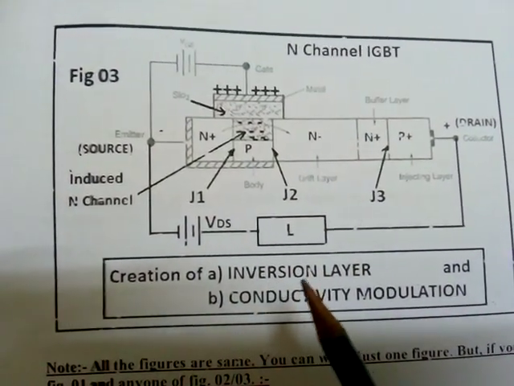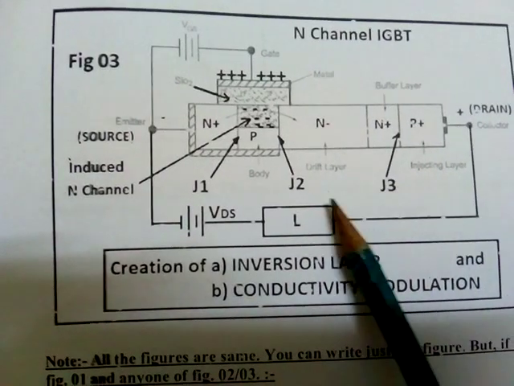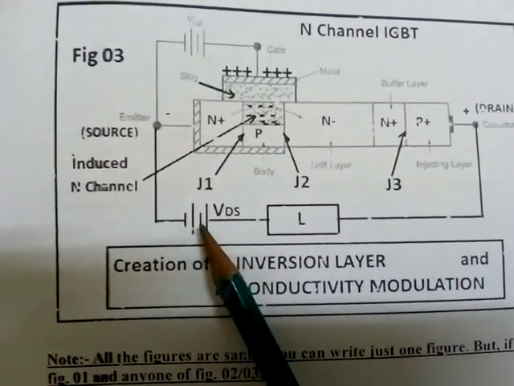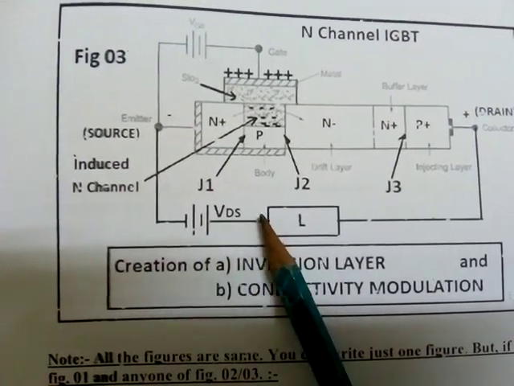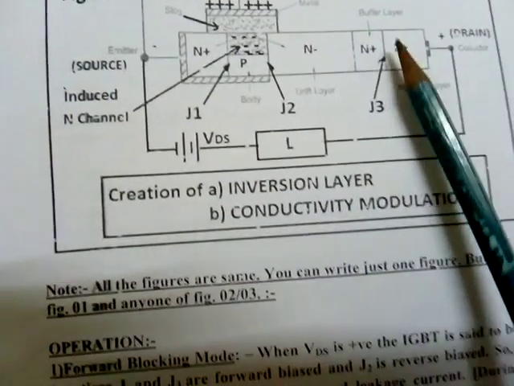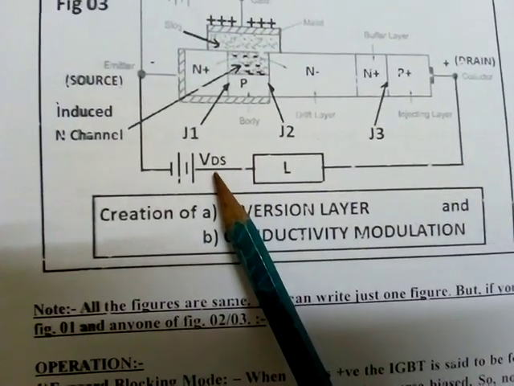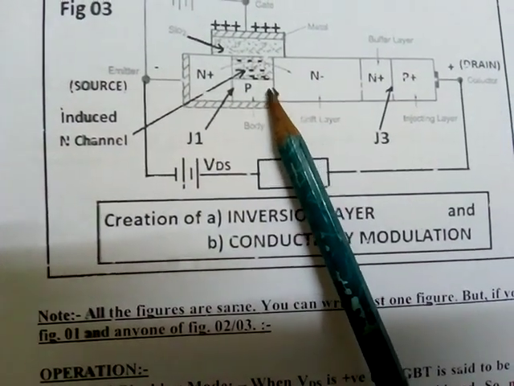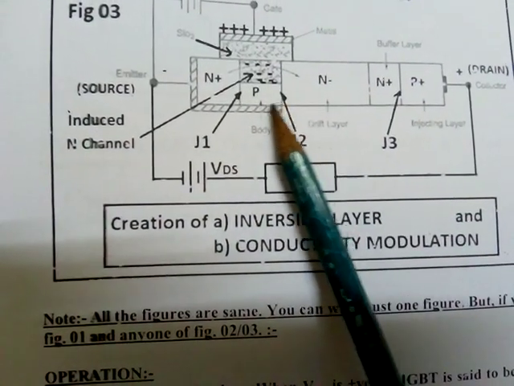This is the detailed figure. See, there is load and we have the power supply here. Now, for P we have positive and for N we have negative. But this junction is reverse biased.